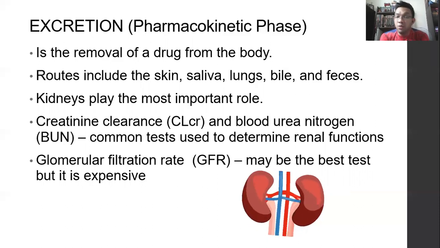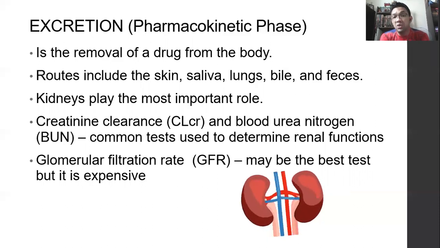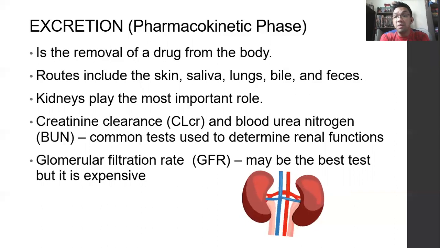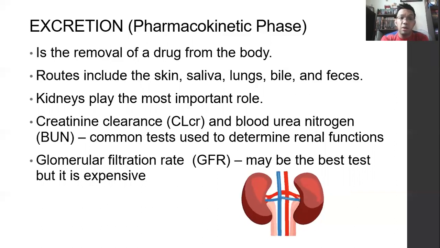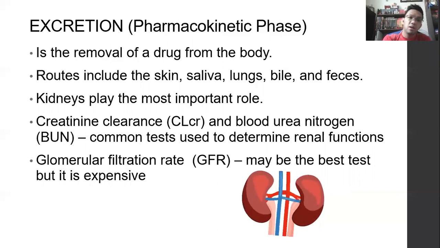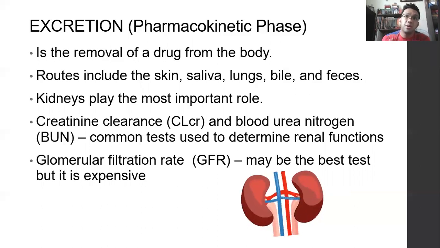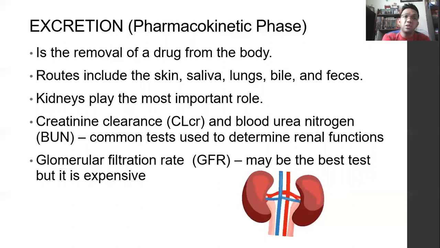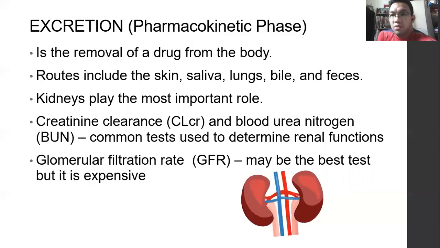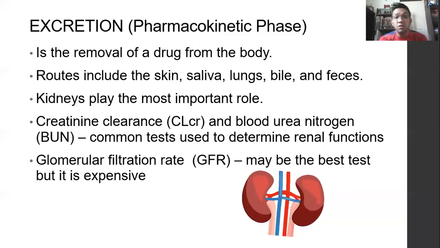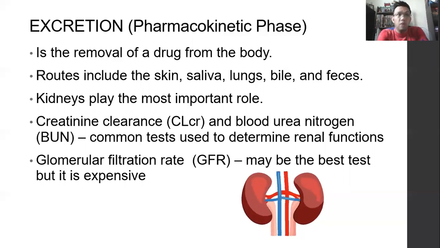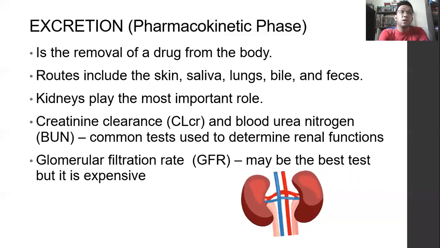The GFR, or the glomerular filtration rate, may be the best test, but this is somehow expensive. So if the patient is suspected to have kidney failure, they are going to do tests like this in order to give the proper dosage of the drug to the patient who may have a kidney disease.